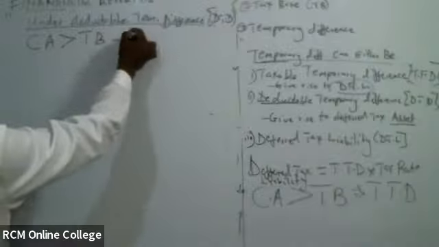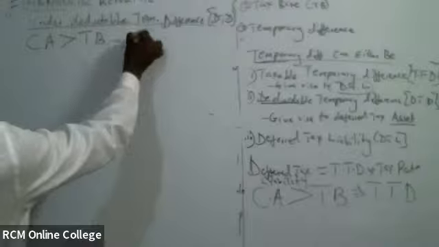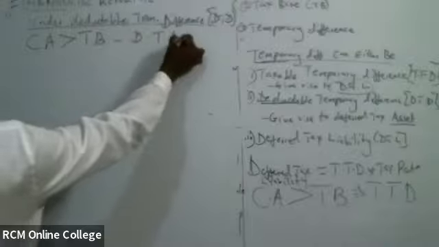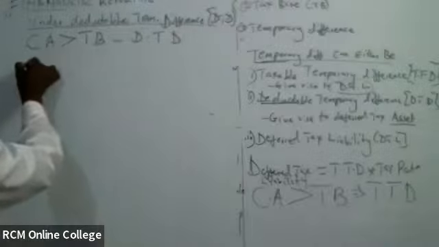Less than the tax base. That automatically gives rise to the deductible temporary difference. So how do we get the deferred tax asset from that?